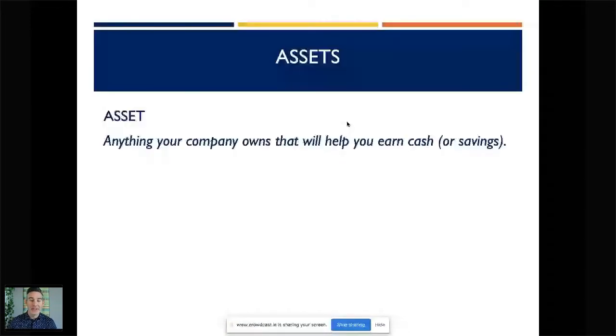So I'm just going to define asset for you. There's a common definition of it, but in finance, what we mean when we talk about an asset is basically anything that your company owns that will help you earn cash or savings. Just to give you a few examples, we have buildings or real estate property, vehicles, inventory or raw materials.